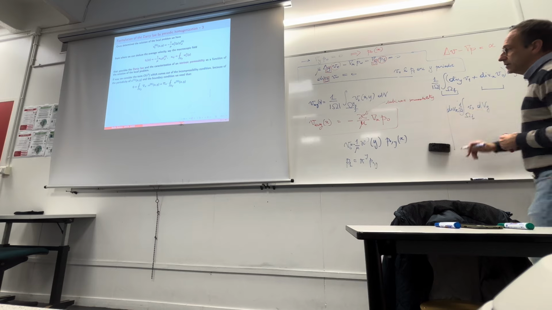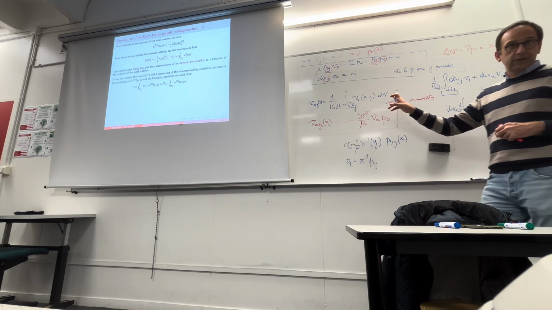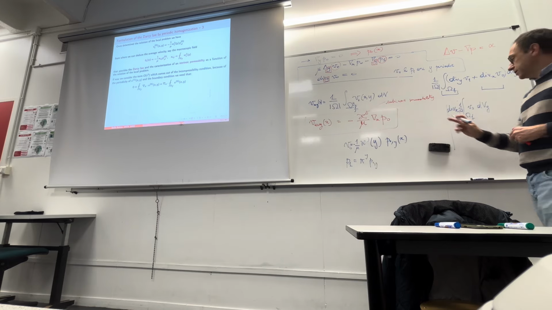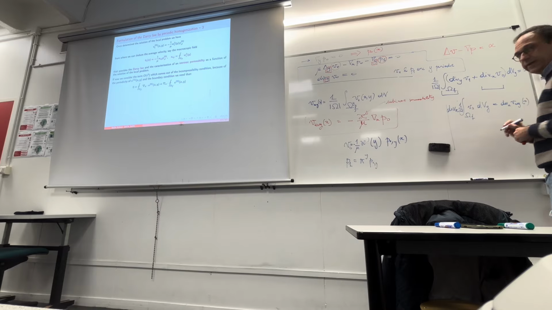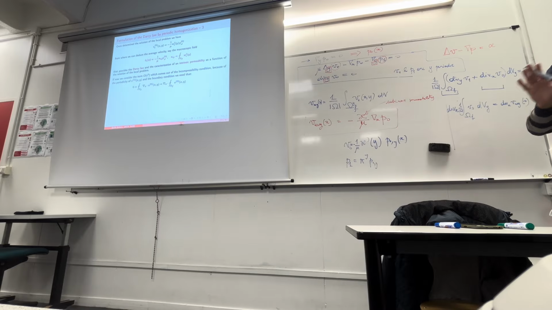But this we know is the average velocity by definition. So this is nothing else than the divergence x of the average velocity, which is a function of x.